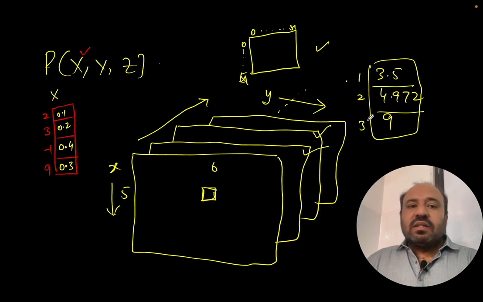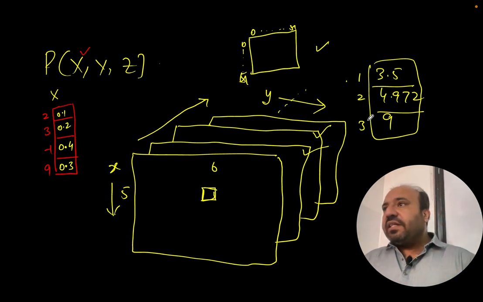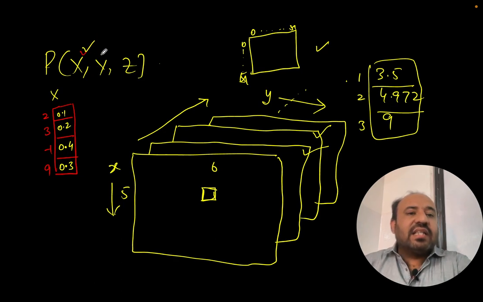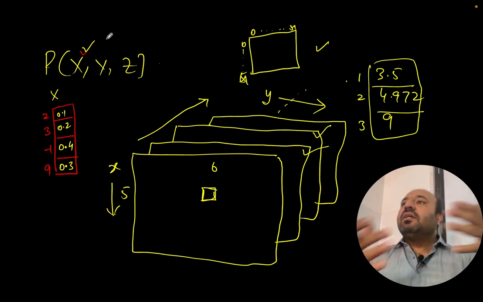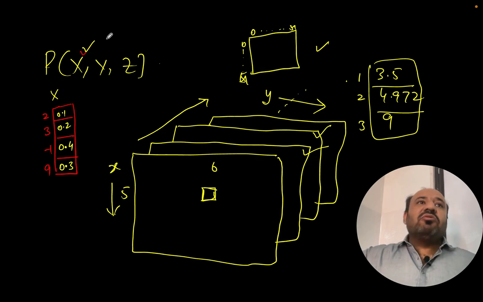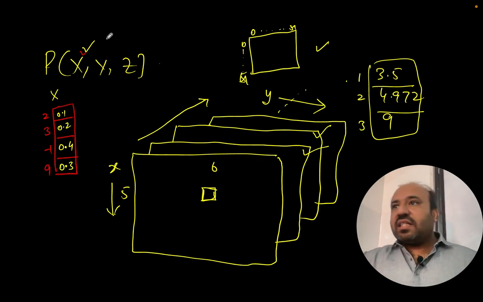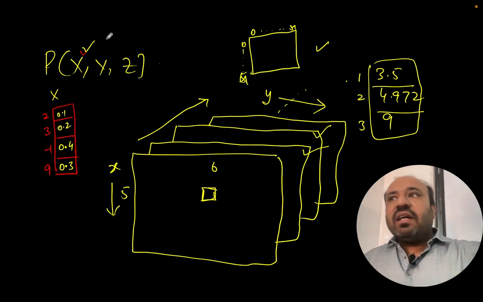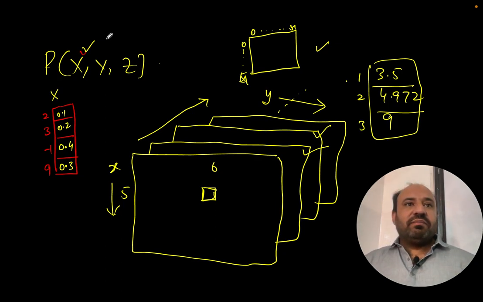So that is not a discrete set. When the set of values a random variable takes is a discrete set, we call it a discrete random variable. The distribution for a discrete random variable is also known as the mass function.